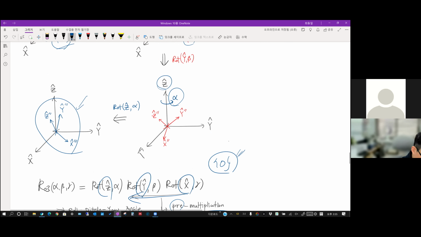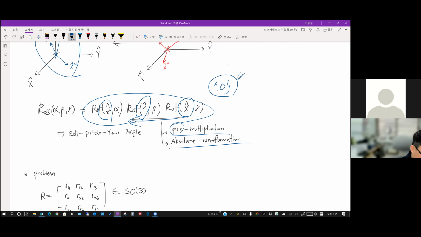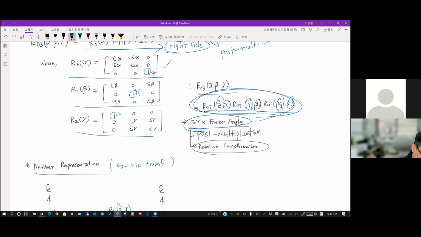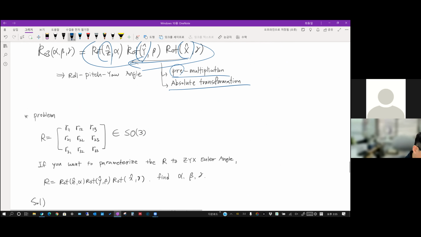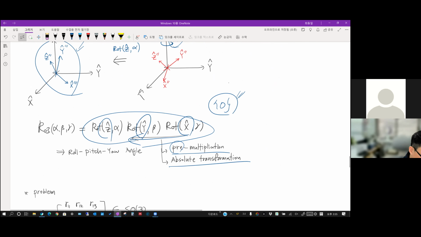And also in this expression and in this expression, the matrix is the same. So the resultant rotation matrix is the same.